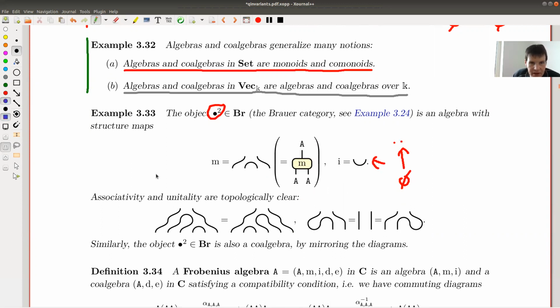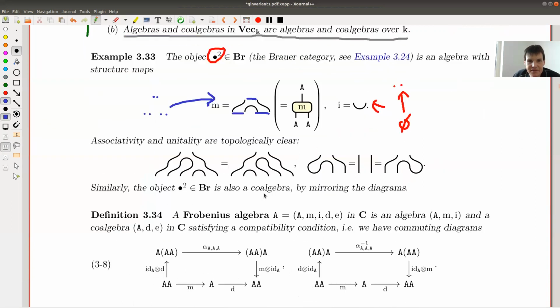And you would need a multiplication that should go from two dots tensor two dots to two dots. And here you go. There's a multiplication map. It's kind of this pair of pants thing, if you want to think about it like being closed. And here you check associativity and co-associativity. Cut it like this and you will see it.